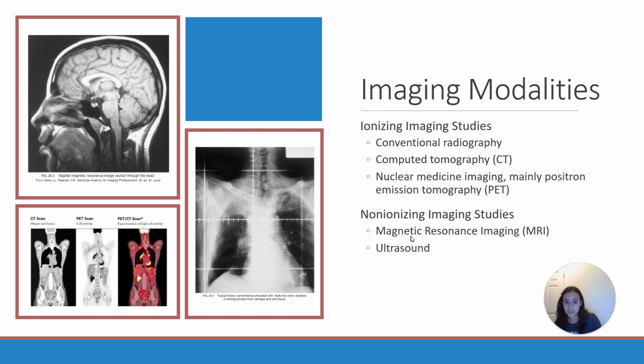Magnetic resonance imaging. So now we're going to move into the non-ionizing ones, the ones that don't use radiation. So MRI. MRI works based on magnets, magnetic properties of hydrogen nuclei to be exact. So the patient, you pulse them with radio waves. This causes the nuclei to send out a weak radio signal, which is detected and reworked into a planar image.